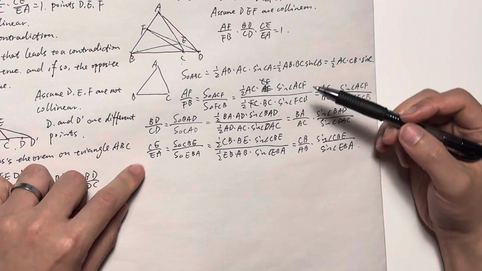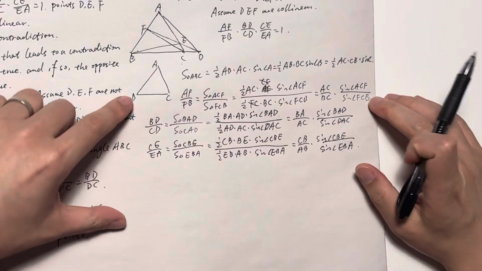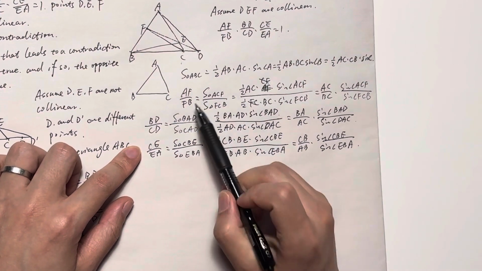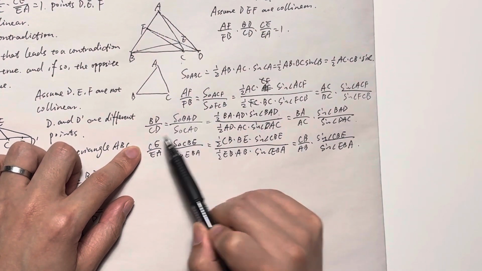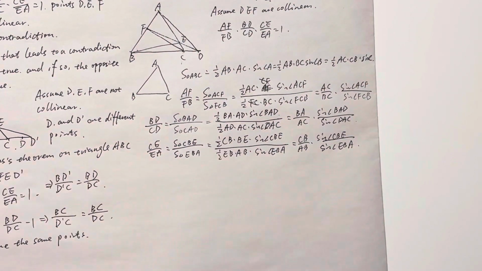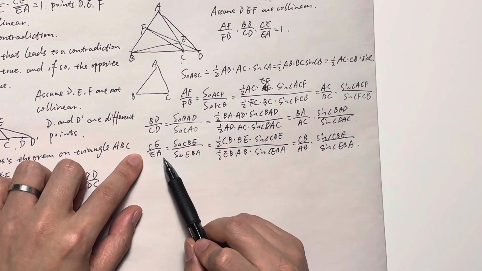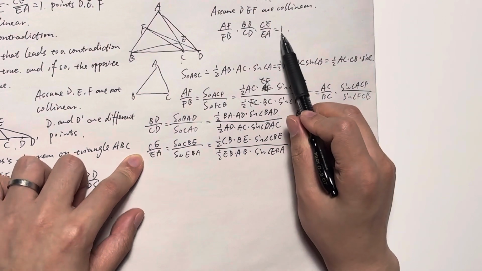Right, so if we multiply these three equations on the left side, that's AF divided by FB times BD divided by CD times CE divided by EA, that equals 1.